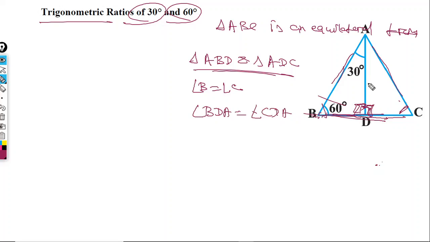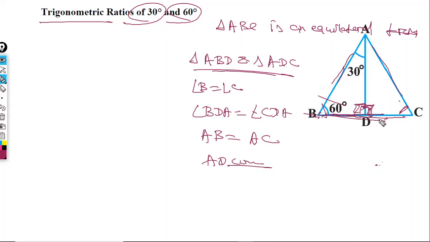Two angles are equal, and another side which is equal: we can take AB equal to AC, and AD is also common.